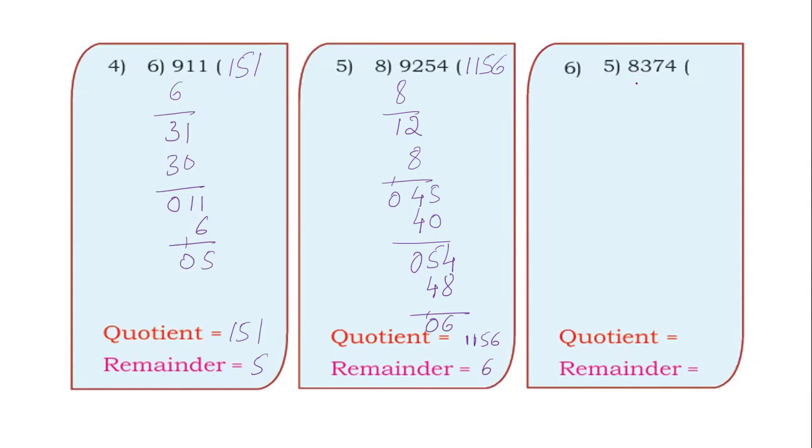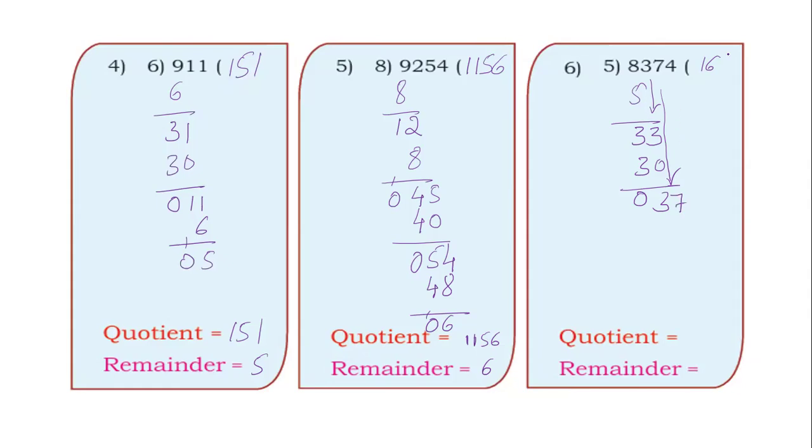Sixth one, 8374 divided by 5. 5 ones are 5. 8 minus 5 is 3. Take this 3. It becomes 33. 5 sixes are 30. 3 minus 0 is 3. 3 minus 3 is 0. Take this 7 here.